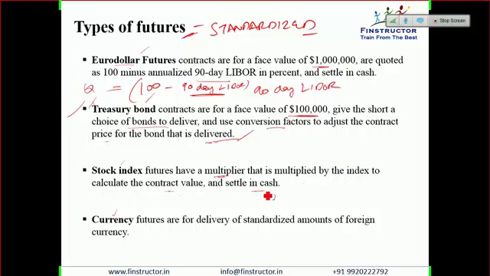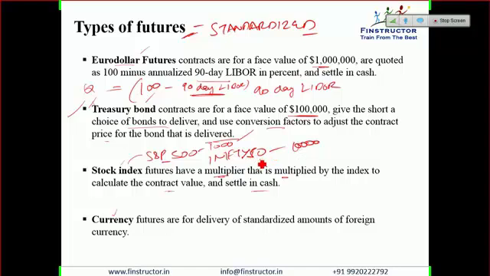Stock index futures have a multiplier that is multiplied by the index to calculate the contract value, and settle in cash. Stock index futures could be on the S&P 500, on the Nifty 50, or any index, and generally will have a multiplier. That is, each contract is for 1,000 shares of the S&P 500 or for 10,000 shares of the Nifty 50.